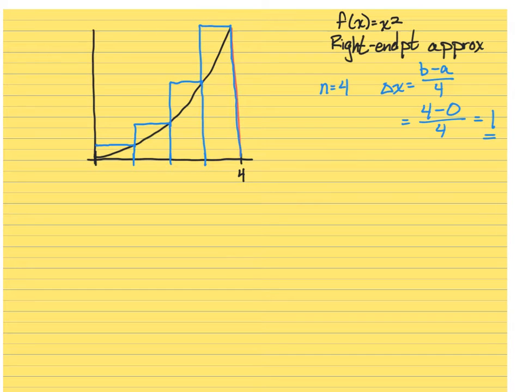So those are our rectangles. Now what's important is with the right end rule, you start with x sub 1 as your first x. With the left end rule, you start with x sub 0, and so you would use this one, this one, this one, and this one. But with the right end rule, you use x sub 1, 2, 3, and 4.